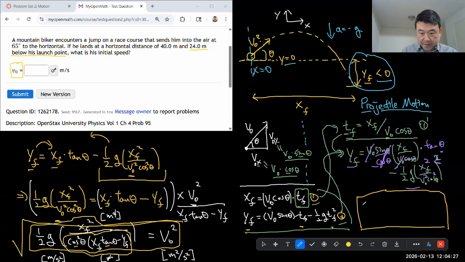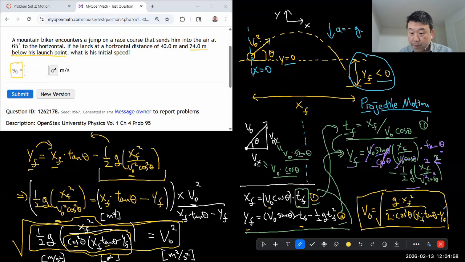Let me write down my final expression for v naught. That's going to be square root of that entire block of expression. Let me write the numerator first. That's going to be g times x final squared, and then the denominator, I have that 2 times cosine squared theta first, and then that parenthetical expression, x final times tangent theta minus y final.